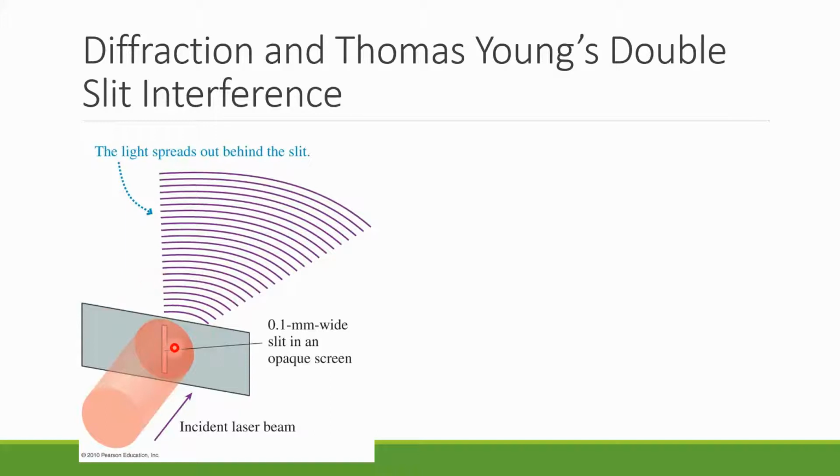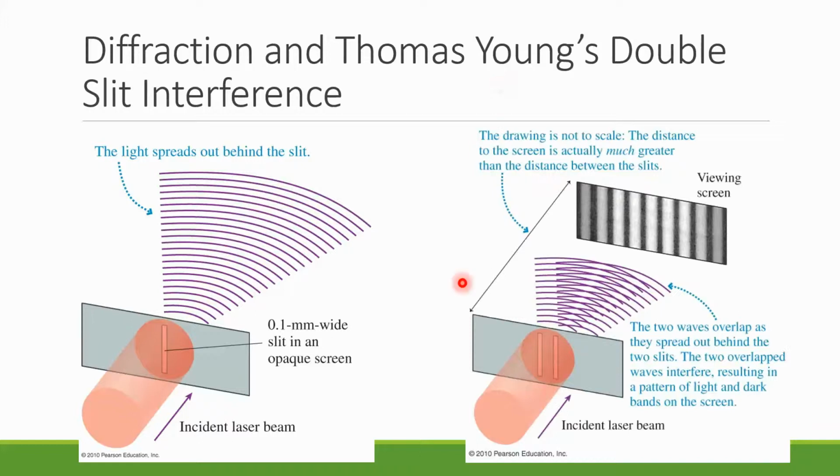What's the more interesting case that we're going to talk about now is what Thomas Young did, which was a double slit. So he has light from a laser coming through and hitting two very small slits compared to the wavelength of the light. And then the light travels through and it diffracts on the other side. But now I have diffraction of light from one slit, and diffraction of light from a second slit.